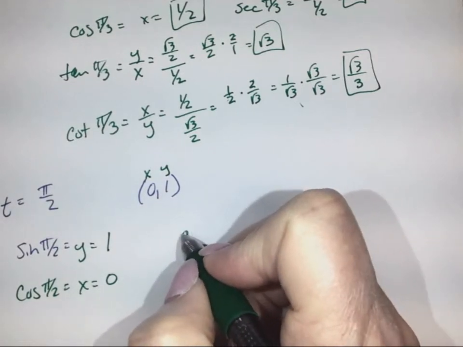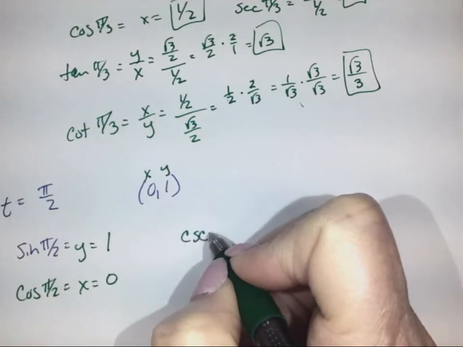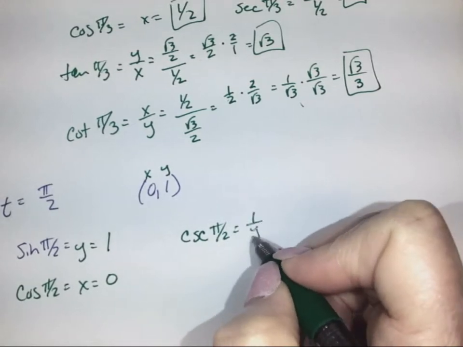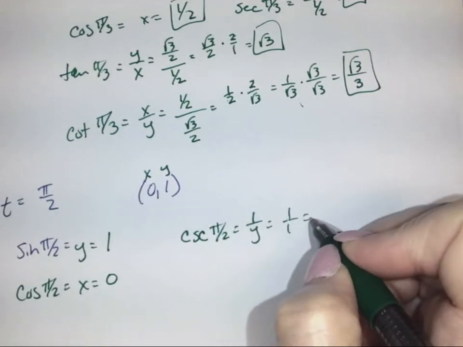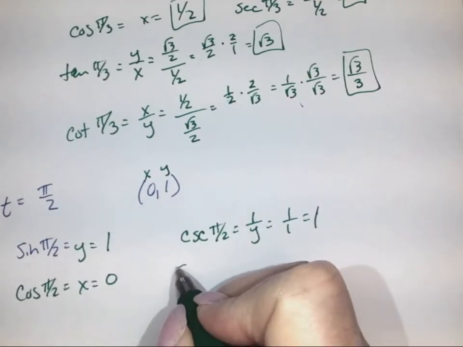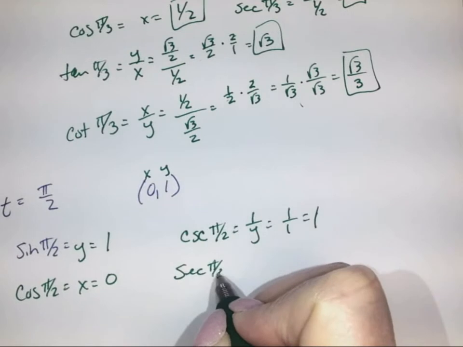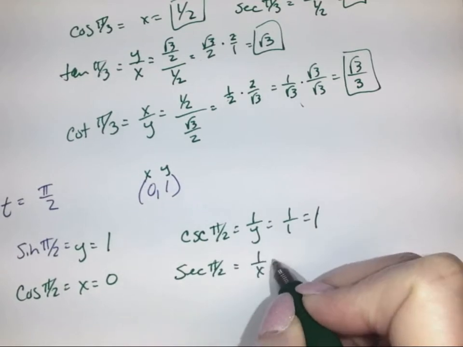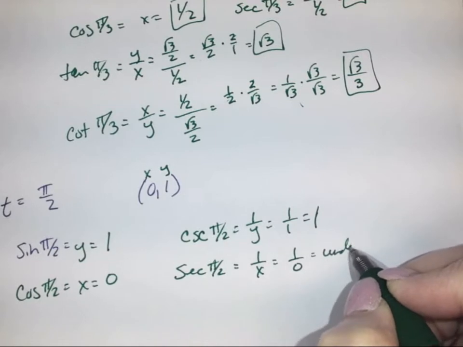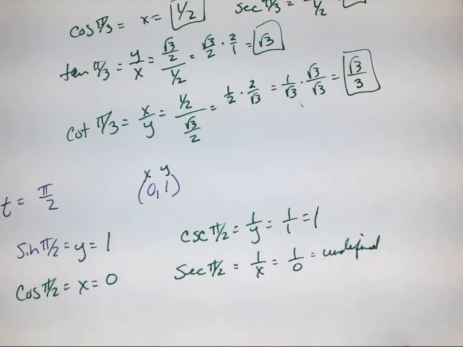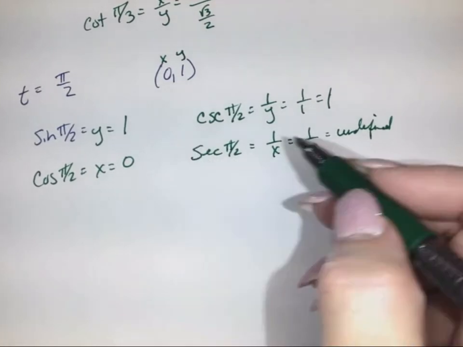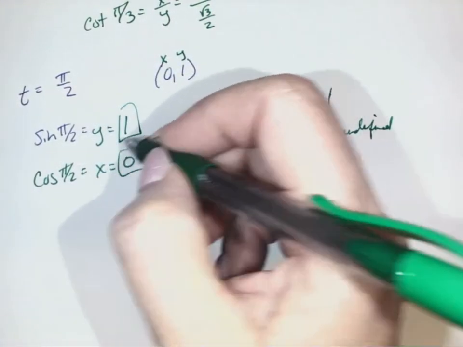So our cosecant of pi over 2 is 1 over y, which will be 1 over 1, which is still 1. Our secant of pi over 2, which is equal to 1 over x, would be 1 over 0, and that will be undefined. Can't divide by 0. All right, now we've got 4 of our values.